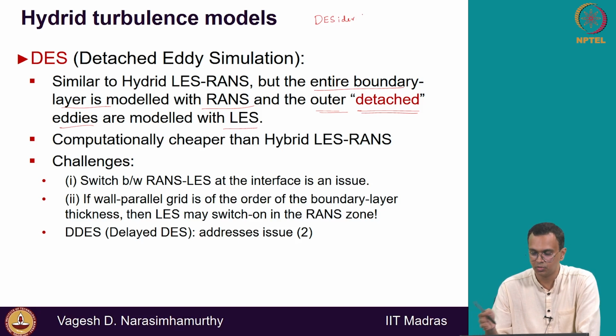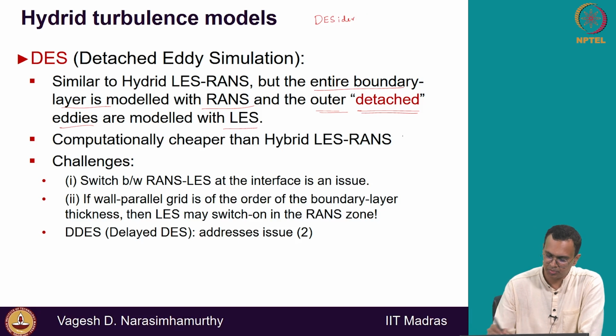So it is being used today, and it's also available in your commercial codes. So instead of worrying about should I use RANS, should I use LES, one option is to use just DES. It's a good method, I would say, and it's computationally cheaper than hybrid LES RANS.